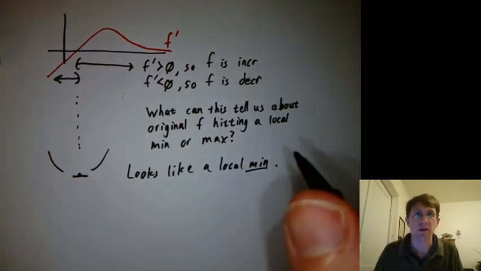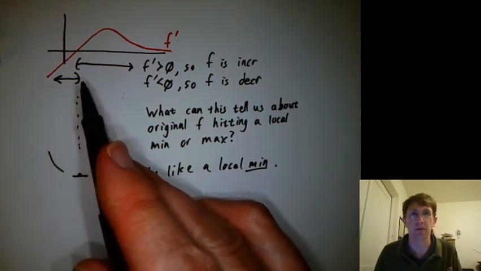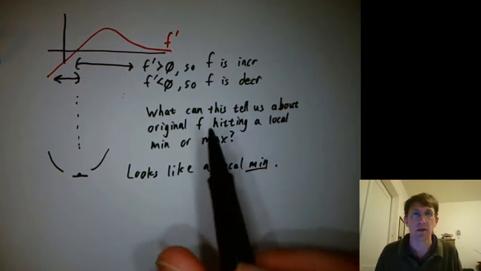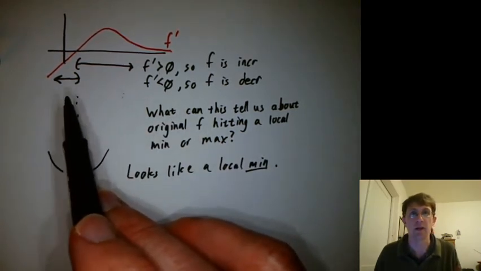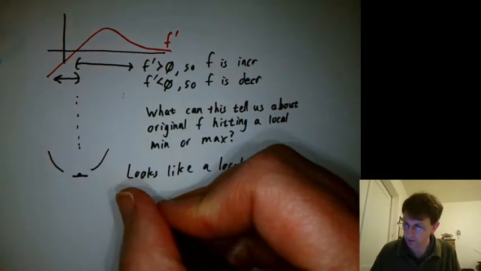So what can we say caused that? Well, we had f prime negative, and then f prime was 0 briefly, and then f prime was positive, and we got a local min. So f prime went from negative to positive as we moved left to right. So let's summarize that.